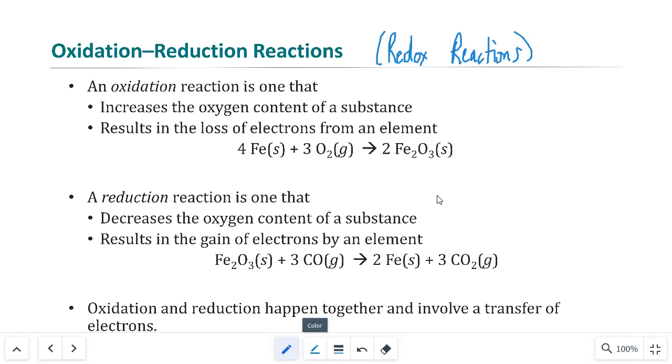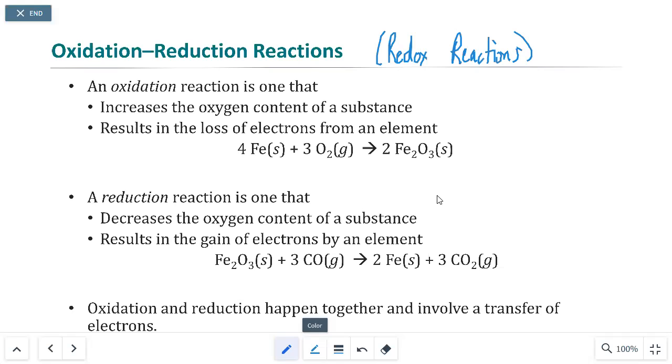For oxidation, we look for one of 2 things. Either we see an increase in oxygen for something, or more precisely, we see the loss of electrons in some way. The thing about oxygen is it happens some of the time. It's a way that we can visually inspect to see if oxidation has possibly occurred. Tracking the charge is the best way to do it. If we track charges, we will see that things that are oxidized have lost electrons along the way.